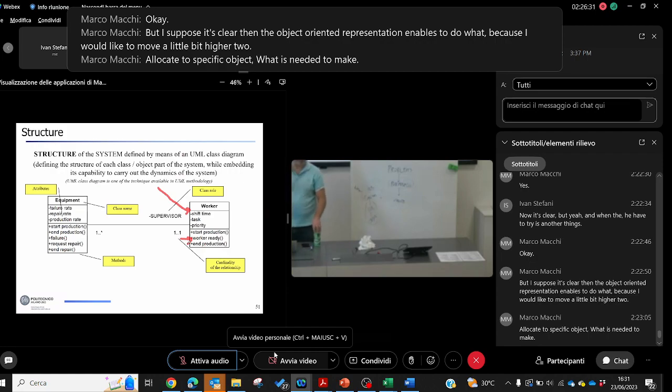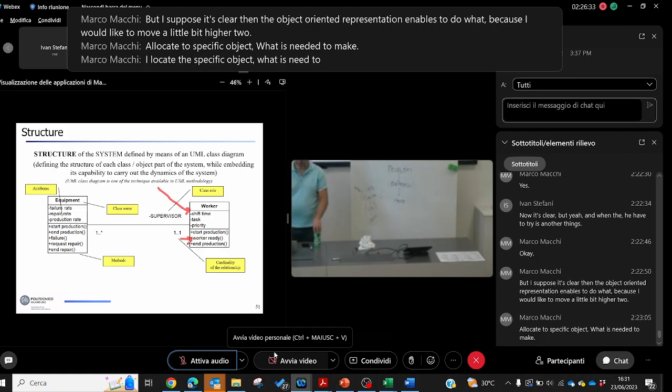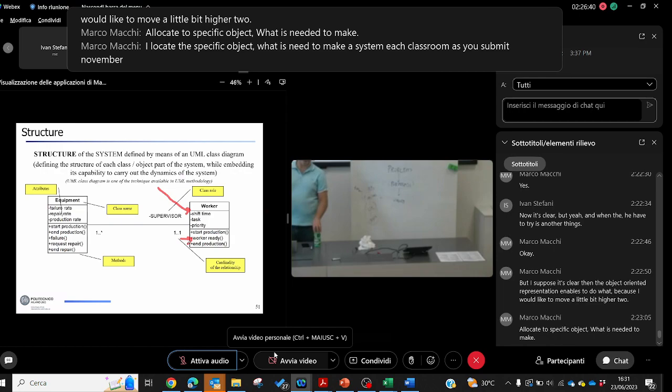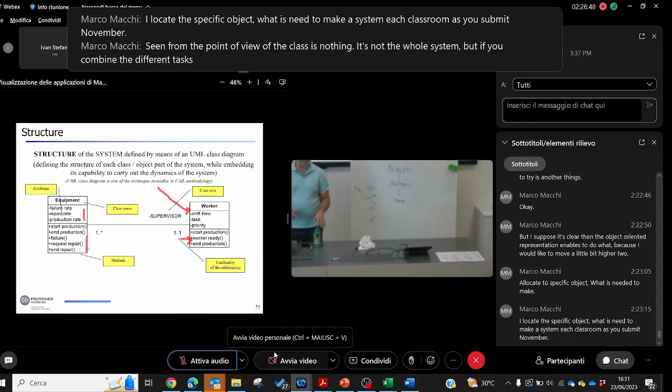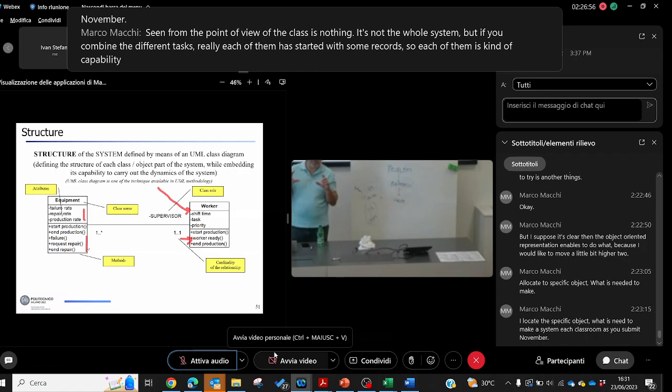Each class has some methods and attributes. Seen from the point of view of the class alone, it is not the whole system. But if you combine the different related classes, each of them has some methods, so each has a capability that enables it to be related to others.